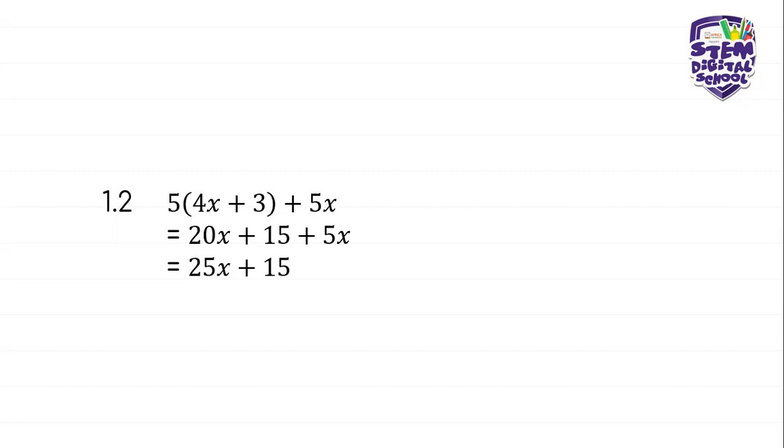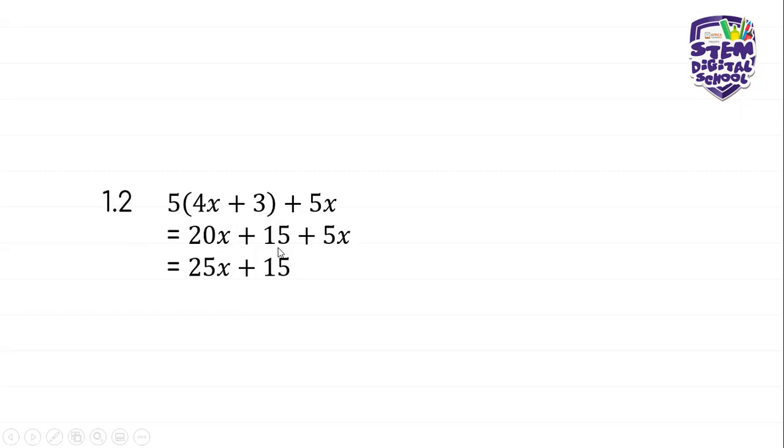You've got 5 into 4x plus 3, and then close the bracket, plus 5x. Once again, you break the bracket. And then always remember, there are learners who sometimes make the mistake of just multiplying the first term here by 5. 5 times 4x is 20x. And sometimes they forget to also multiply the 3. So you can see that I also multiplied 5 by 3 to get 15.